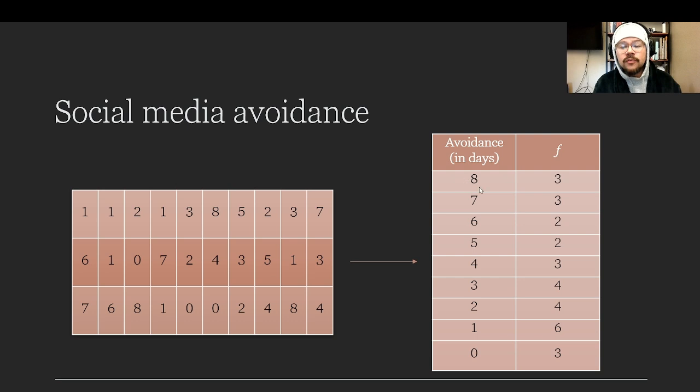All right. So if we're to read through some of the data that we have here, in terms of the number of people who responded that they avoided social media for 8 days, our frequency is three, which means that of the 30 people we surveyed, three of them have avoided social media for a maximum of 8 days. All right, so that's how we want to think about what's being presented here.